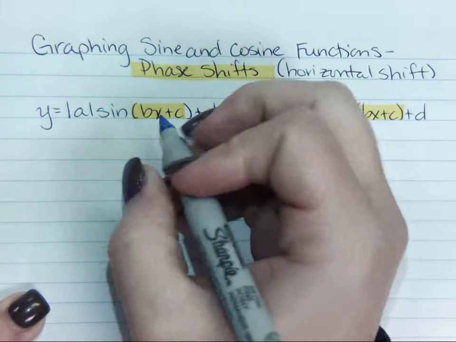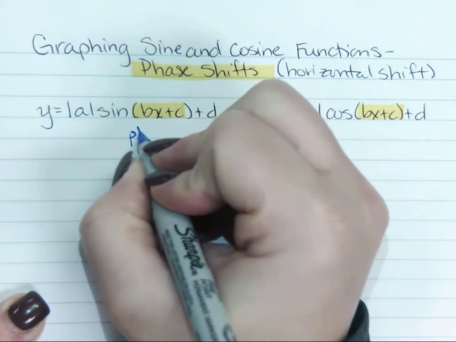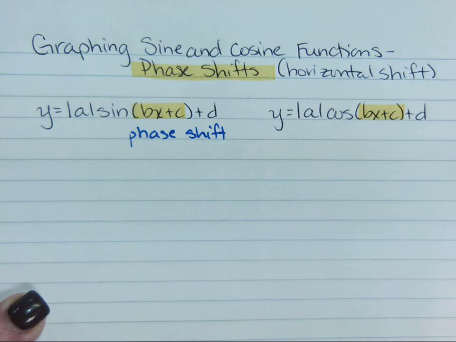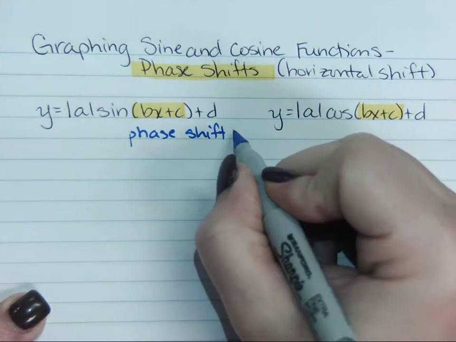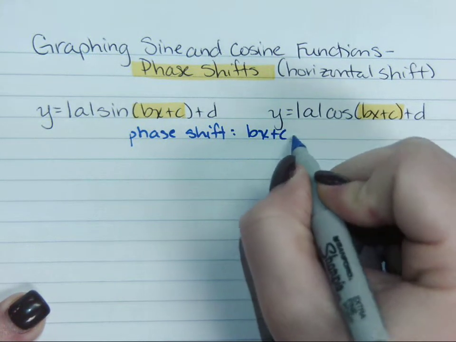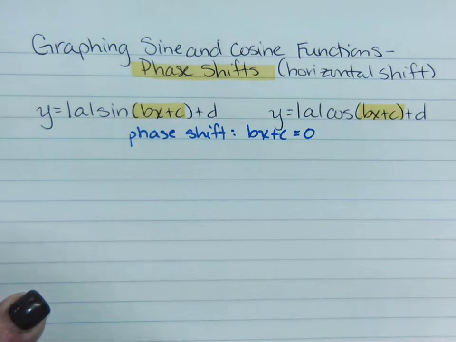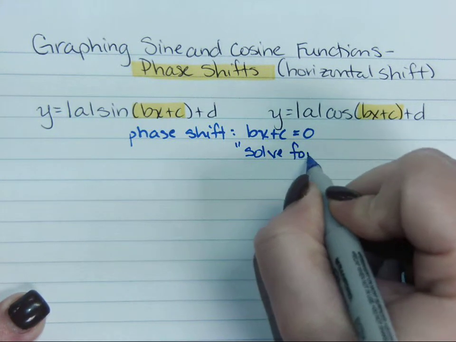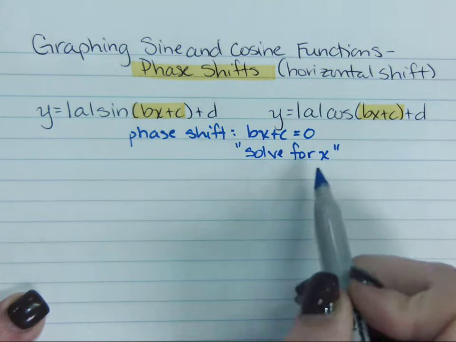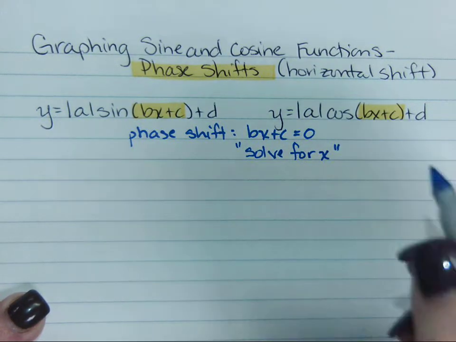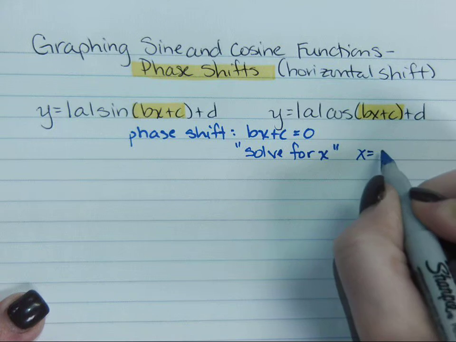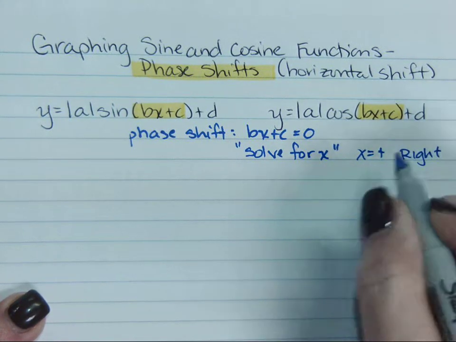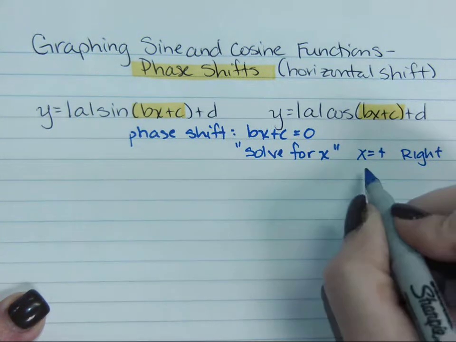And so when you're trying to identify what your phase shift is, you're going to take the bx plus c and set it equal to 0, and you're going to solve for x. When you solve for x, if you have x equals a positive value, that means you're moving to the right that many units.